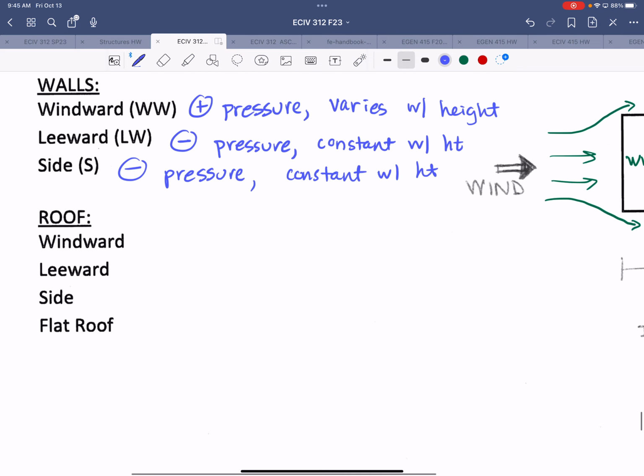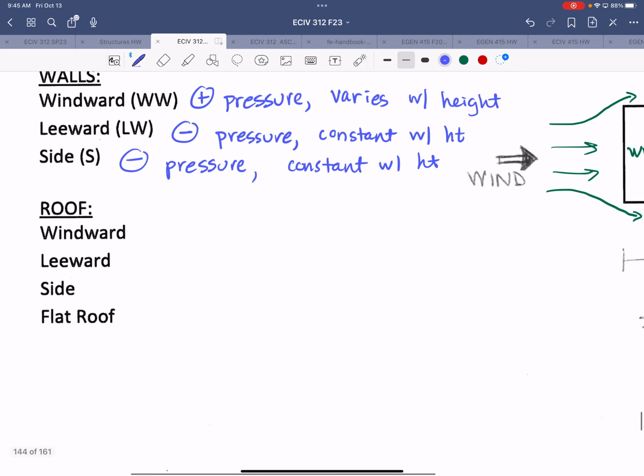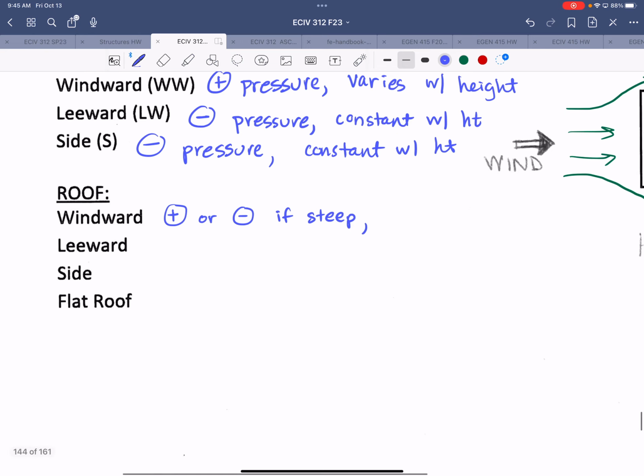To break it down into a few basic concepts, the windward side of a sloped roof will have either positive or negative pressures. So it could be either one if it's steep. If it's a shallow roof, then it will have negative pressure. Negative pressure if shallow.